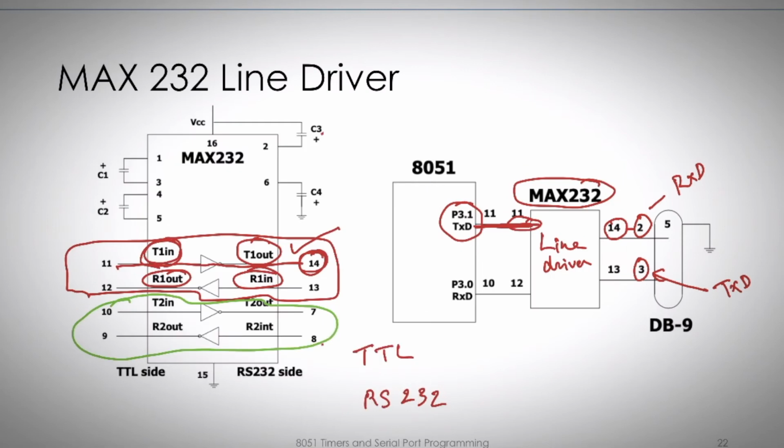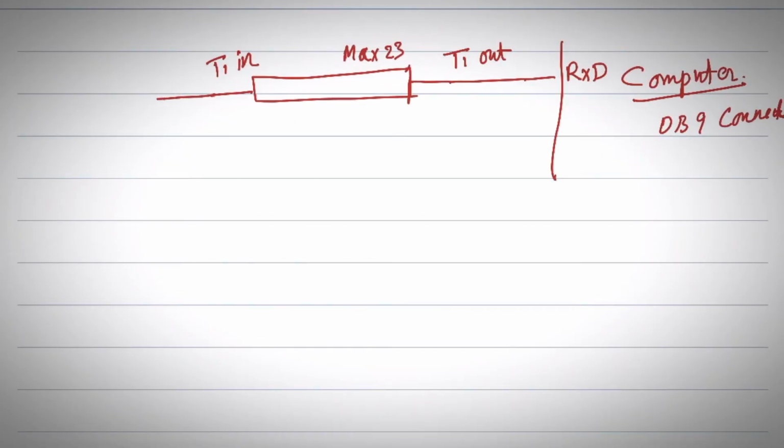It is connected to pin P3.1 of the 8051 microcontroller, that is a transmit pin. So you have on this side the 8051 microcontroller, which has a transmit pin, that is P3.1.